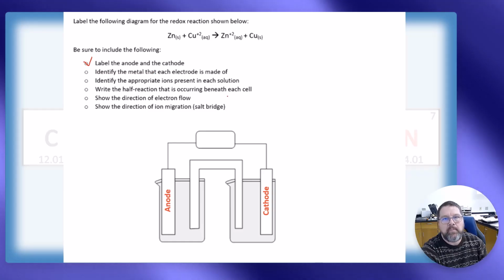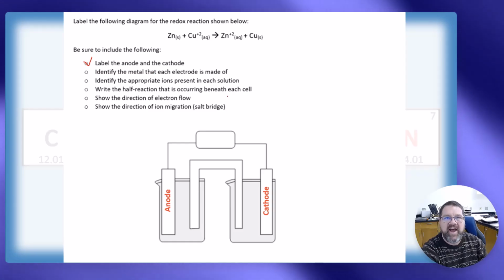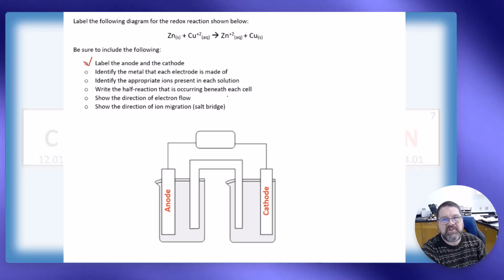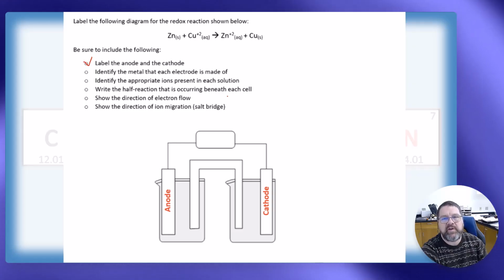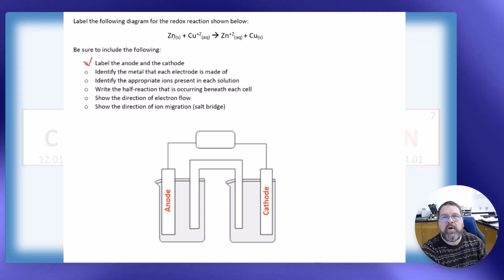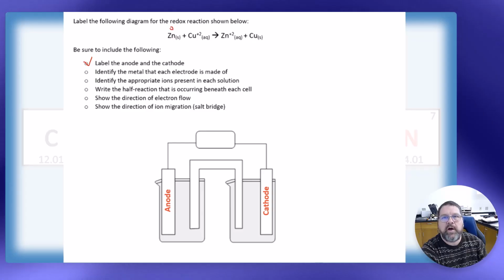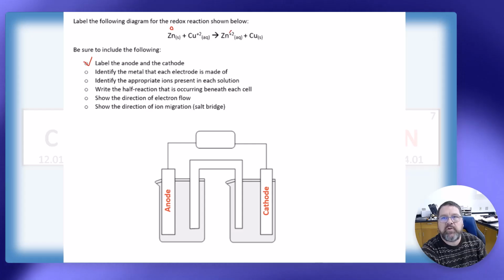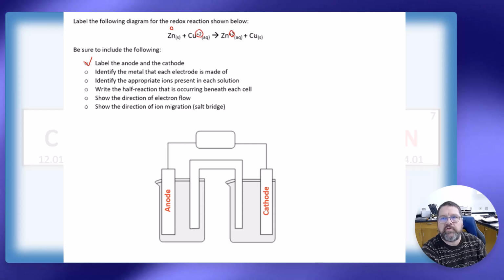Well, remember, an ox and a red cat. Anode is where oxidation takes place. Reduction takes place at the cathode. So for my anode, I'm going to look at my equation, and I see that zinc is going from a charge of 0 to +2. Copper is going from +2 to its elemental form, so going to 0.